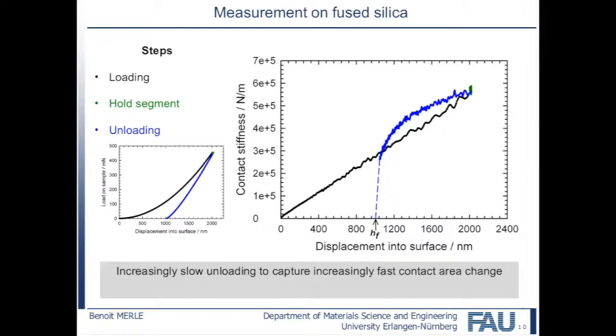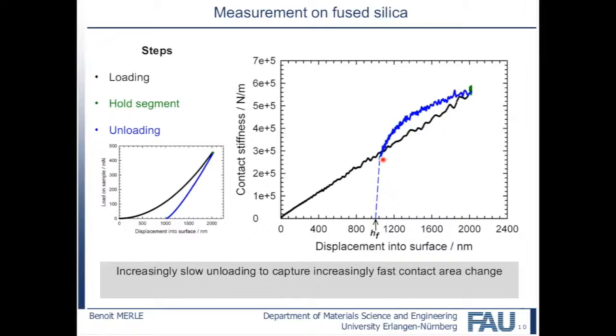And last but most important, we performed the unloading in a new way. Not only did we leave the CSM oscillation on, but we also performed the unloading at an increasingly slow pace so as to better capture the increasingly fast changing contact area.